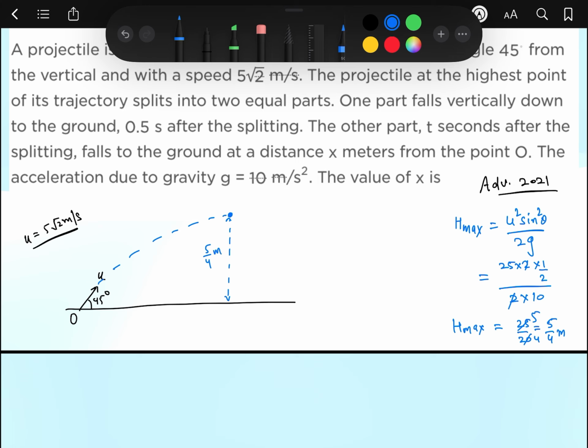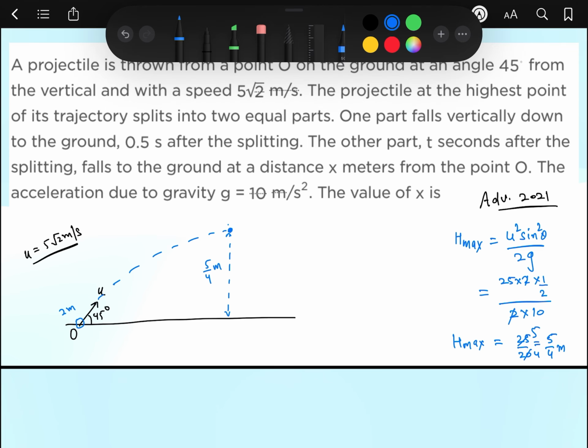So at this point, let us suppose initially the mass of this projectile is 2m. At this point it is being split into two equal parts. One will be m and the other will also be m. One part falls vertically downward to the ground in 0.5 seconds. 0.5 second is the time period for this part to fall this height.